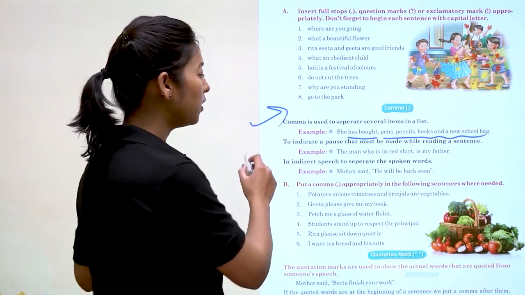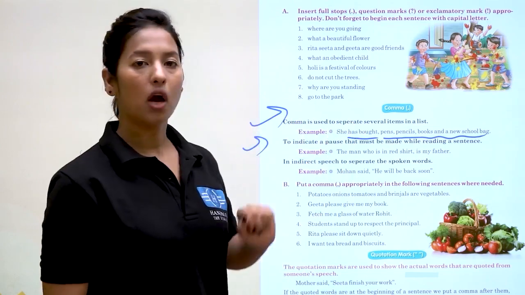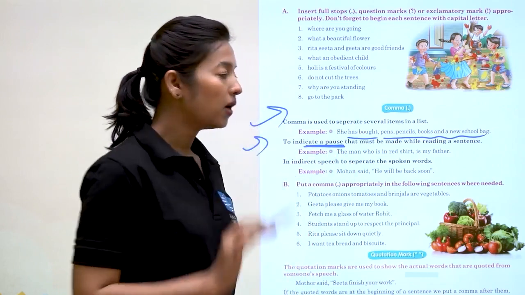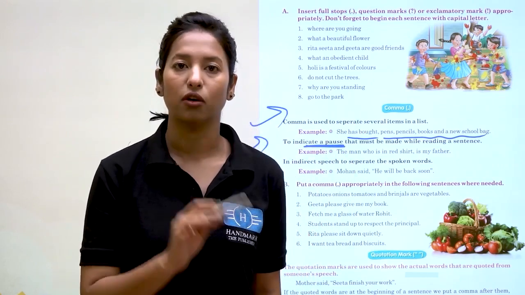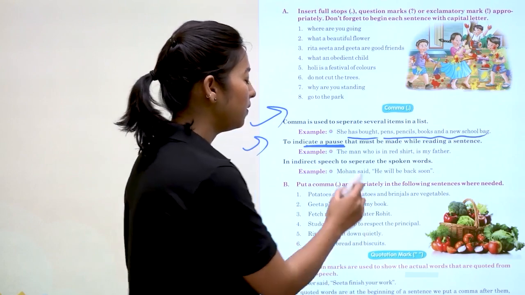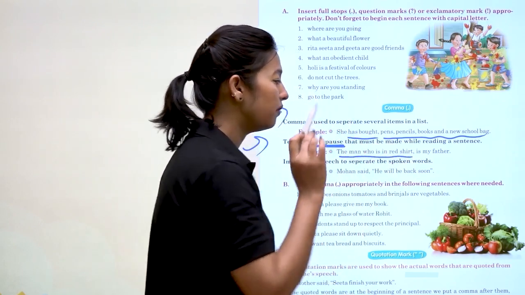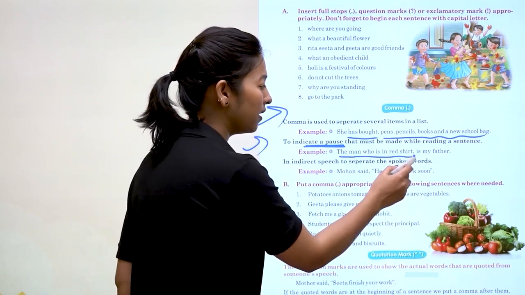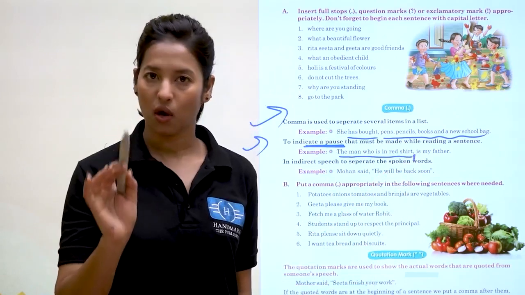Now, the second point says that we use comma to indicate a pause that must be made while reading or writing. For example, the man, who is in red shirt, is my father. So we are giving a pause here by using a comma.